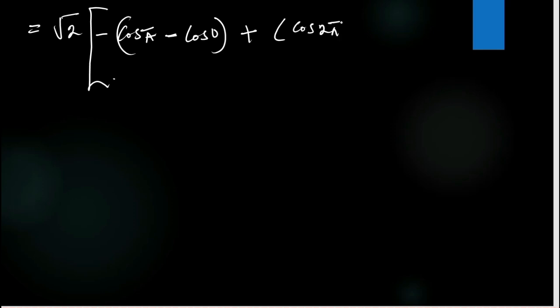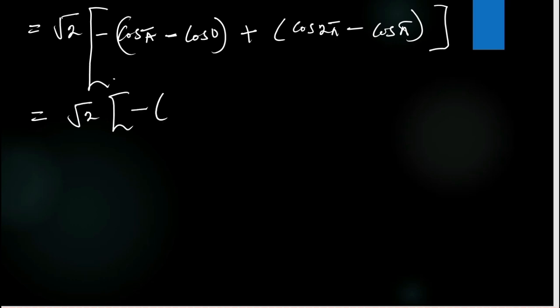Bracket close. So here I have root 2 times minus cos pi, which is the same thing as minus of minus 1, minus cos 0, which is 1, that's minus 1 again. This closes. Plus here is cos 2 pi, which is 1, minus cos pi, which is minus 1 again.